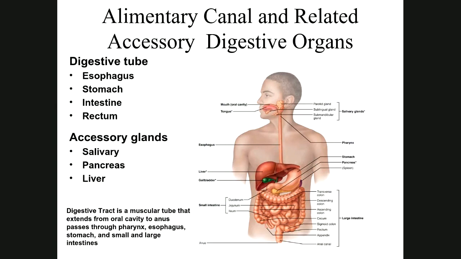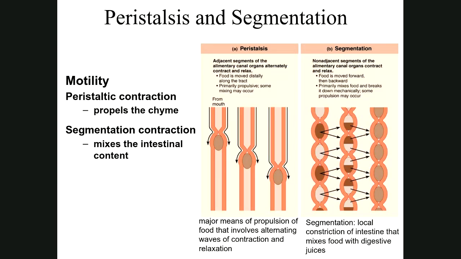Before we go any further, I want you to get familiar with the motility characteristics that these digestive organs have. One of them is peristalsis, and the other one is segmentation.